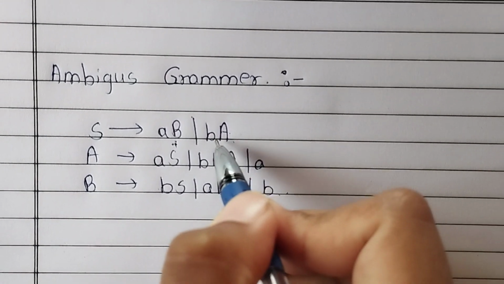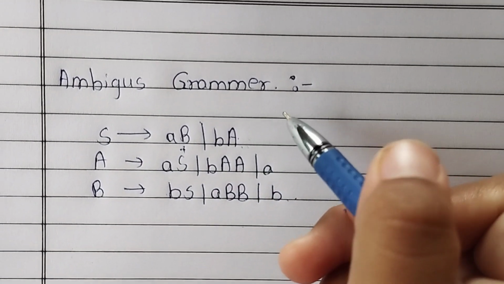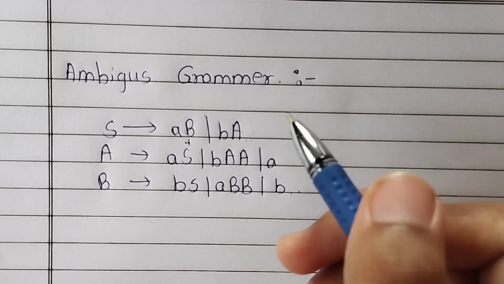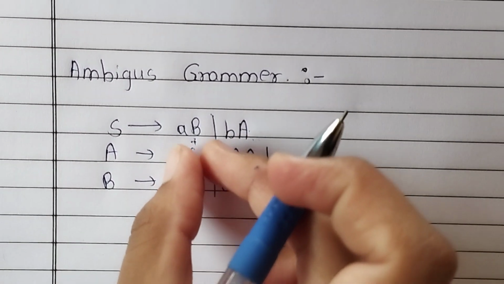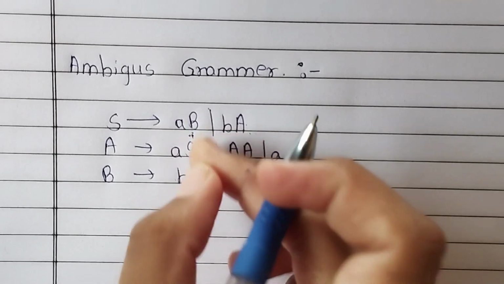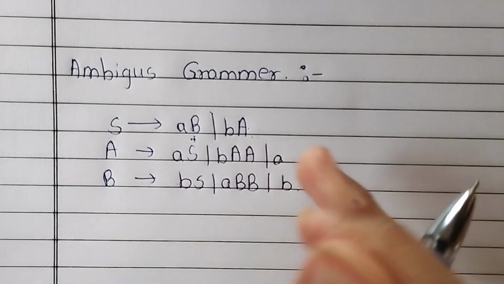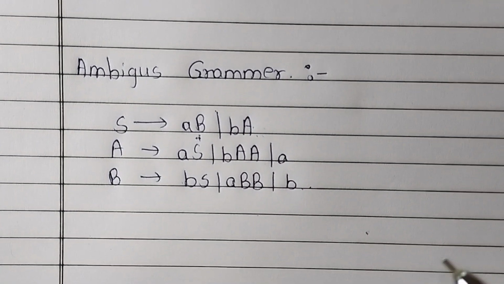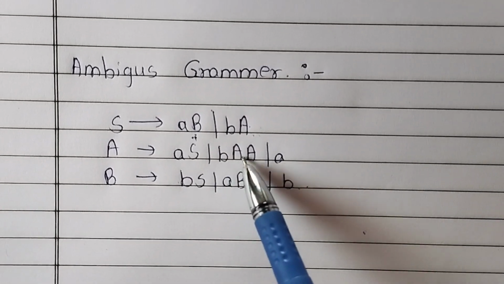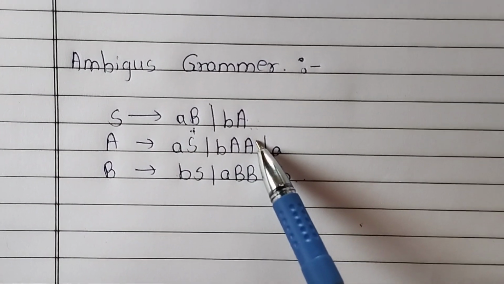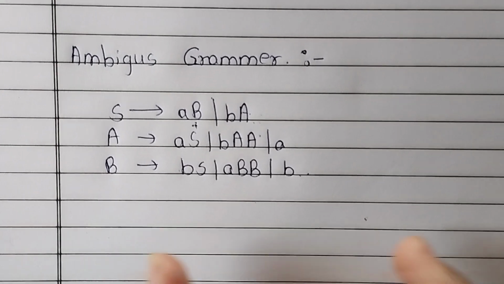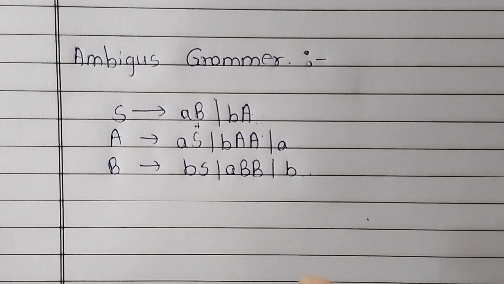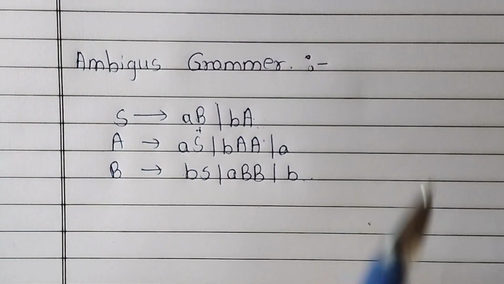The second time you change this BA, then this is the RMD. When we change one by one, putting the values of these capital letters with their productions continuously, we get one string, and if these strings are equal, then this grammar is called an ambiguous grammar.